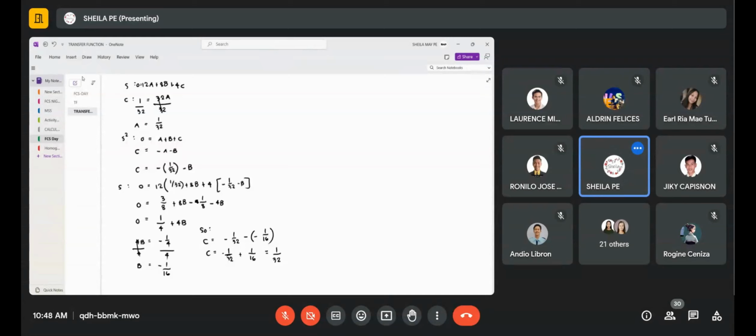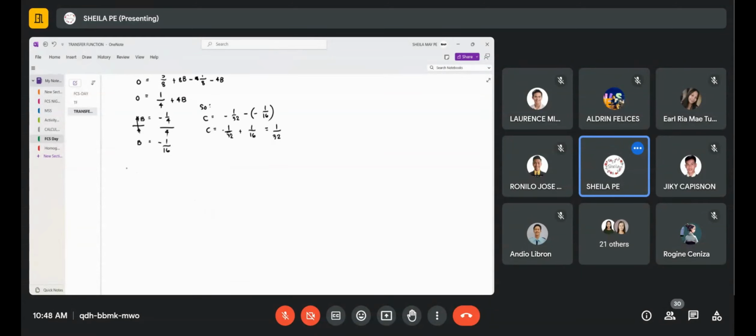So our A is 1 over 32, so 1 over 32 s. Our B is negative 1 over 16, s plus 4. Our C is positive, so what's 1 over 32? s plus 8.